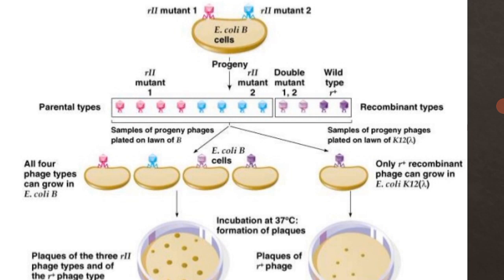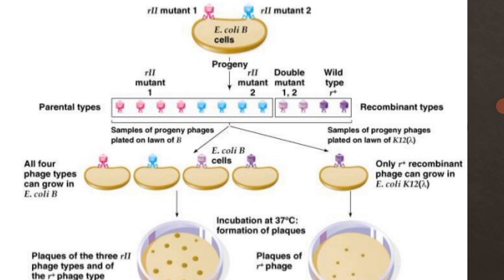Now look into the E. coli K12 strain. Now you can see only the wild type of the R2 T4 bacteriophage is able to grow on the E. coli K12 lambda phage gene, which is a mutant of E. coli, right? Why is it now able to grow? Because now it has got the wild type properties of its bacteriophage. Now it is a wild type R plus bacteriophage.